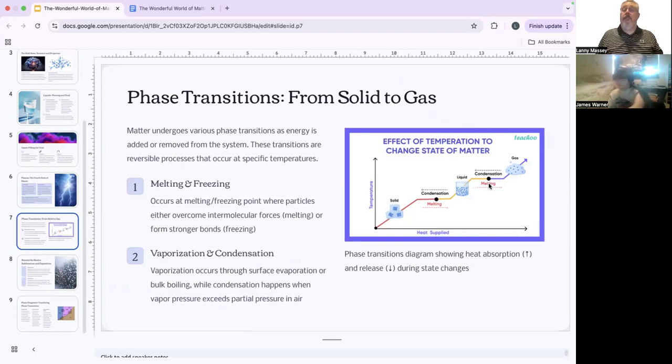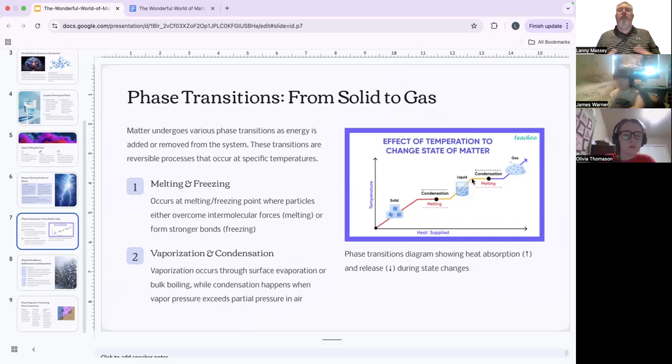And here it says condensation and melting point. I chose a bad picture here, because this should be what? Vaporization and condensation. Because when you boil water, what happens to the water? It vaporizes and goes from a liquid to a gas. And that's what this point represents. This flat line is where we're now adding energy to liquid water and it's going to become gas.